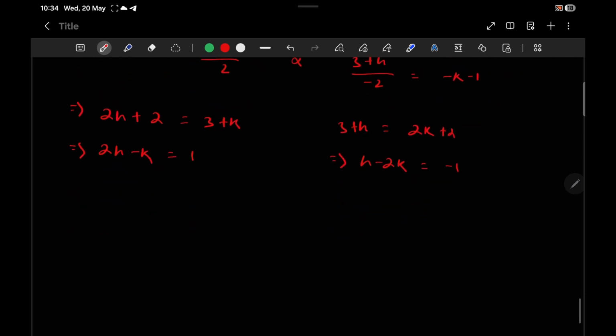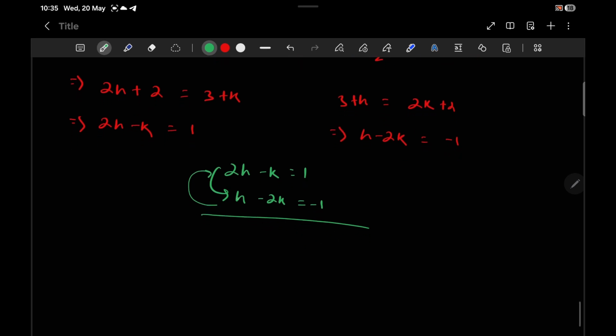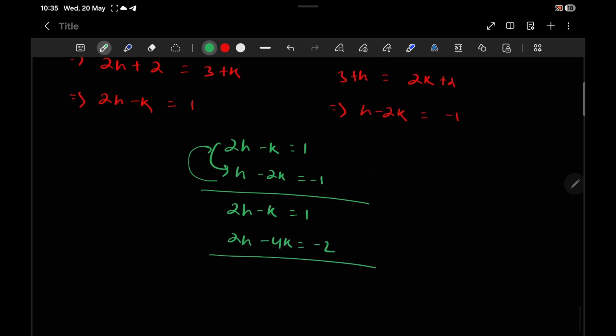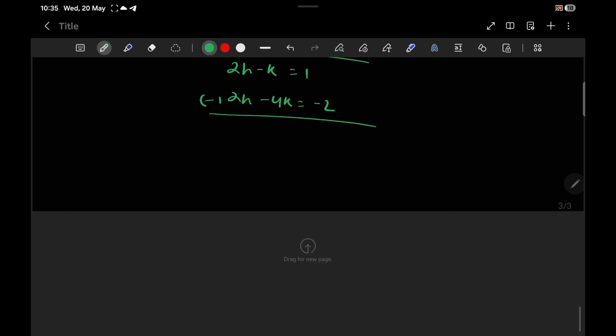So we will solve these two equations. Let's multiply 2 here and 1 here, on both sides. So it becomes 2h minus k is equal to 1, and this becomes 2h minus 4k is equal to minus 2. Let's subtract.